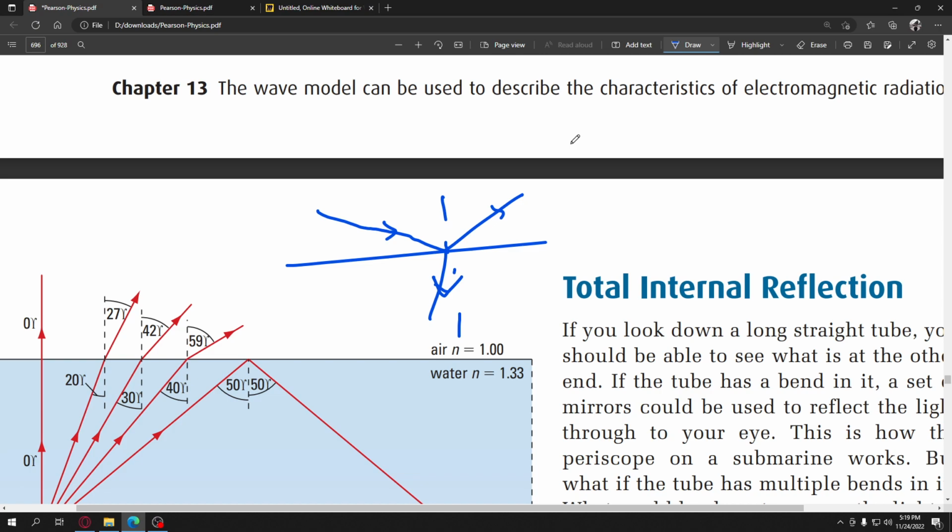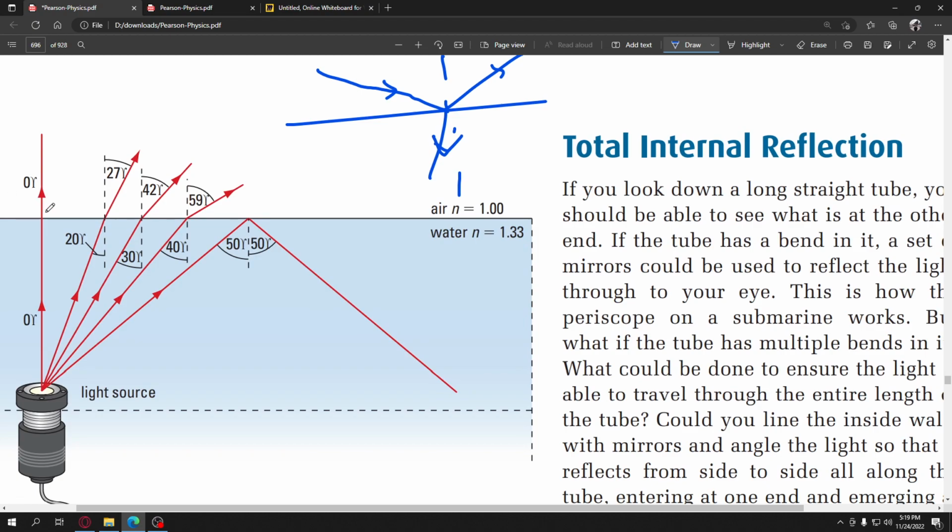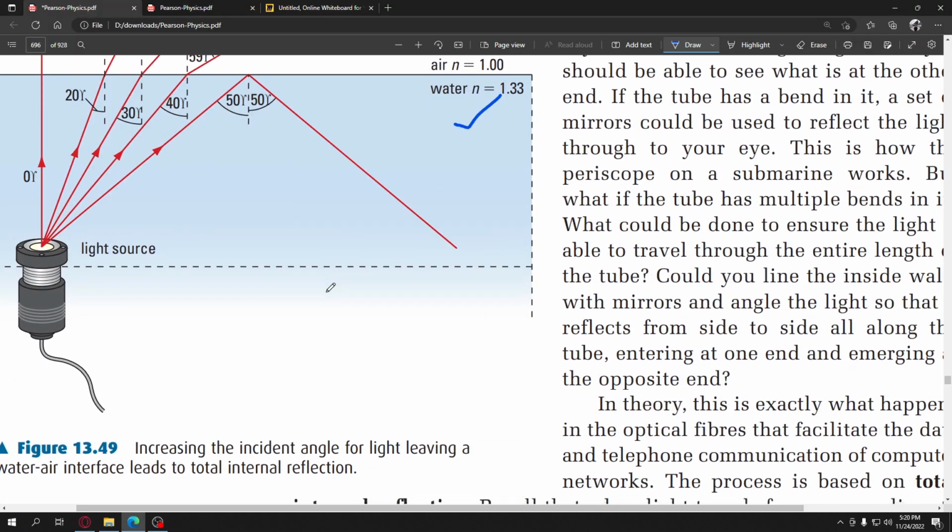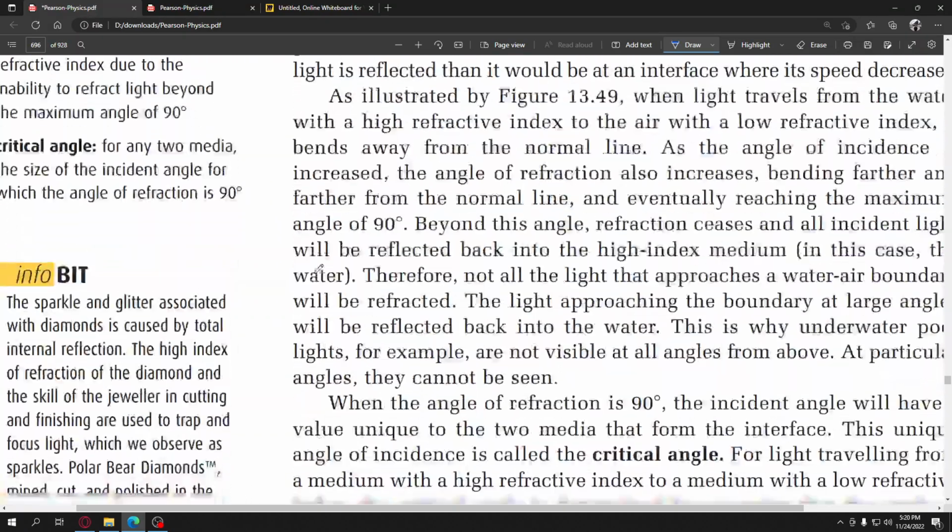There is a certain angle at which the refraction keeps going on and on until it can no longer get out, it just gets completely reflected in the medium. It never left the water, it came back into the water. This is known as total internal reflection. Whenever this happens, there is no refraction anymore, there is internal reflection.